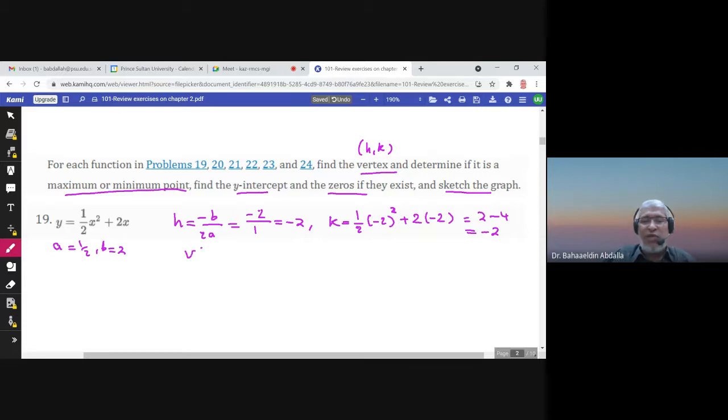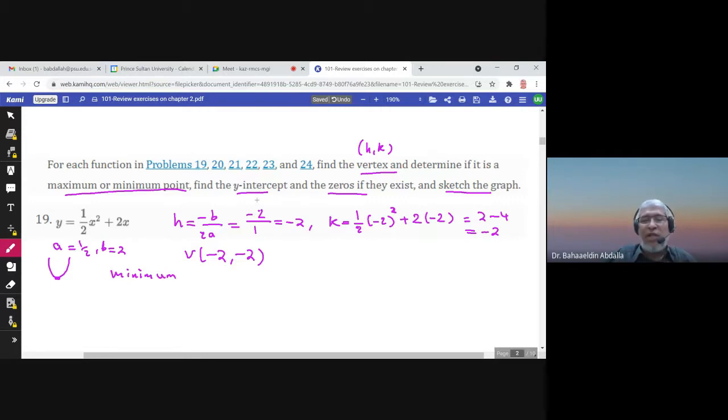So the vertex of this parabola is (negative 2, negative 2). Now a is positive. If a is positive, the parabola opens upwards, and this means that the vertex is the minimum point. So the vertex is the minimum point.